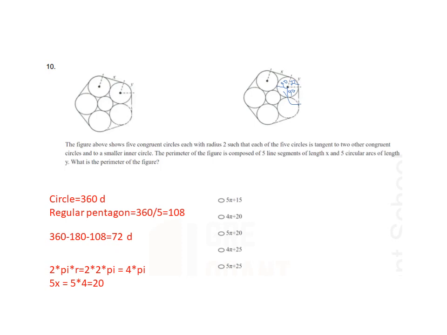So x is radius of 2 circles and diameter of 1 circle. In other words, 5x equal to 5 multiplied by 4 equal to 20. There are some more logics, but from this calculation, we can say that the answer will be option B, that is 4 pi plus 20. So the correct answer will be option B.